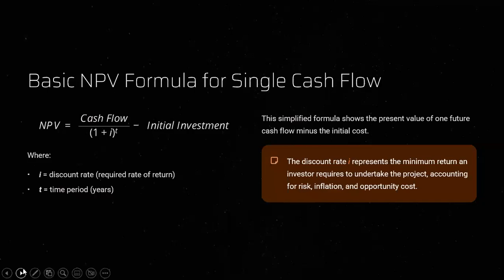Now, we already discussed this formula. NPV is equal to cash flow divided by (1 plus R) to the power T, minus initial investment. So here, when I calculated actually 13,000, and if suppose my initial investment is 5,000, then 13,000 minus 5,000 will be my value of investment.